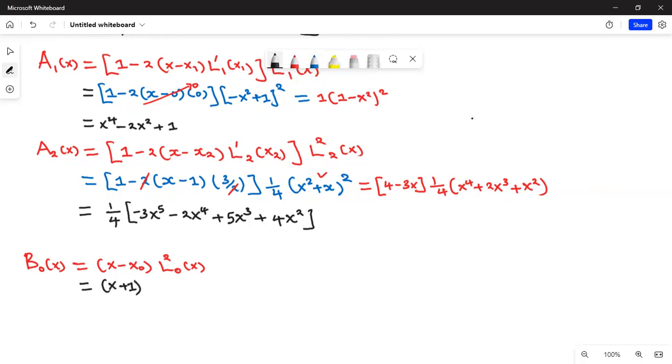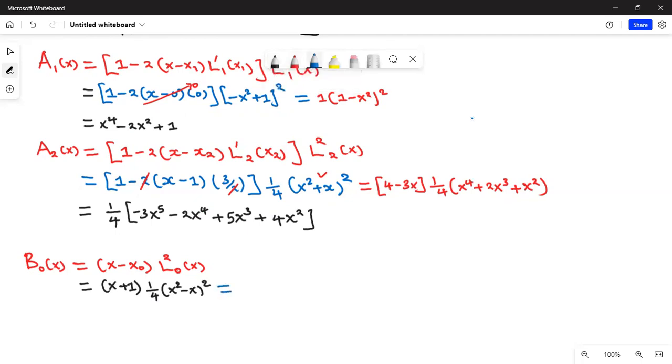Now, L naught of x squared, remember our L naught of x was 1 over 2 times x squared minus x. We need to square that to get 1 over 4 into x squared minus x, then you square this.